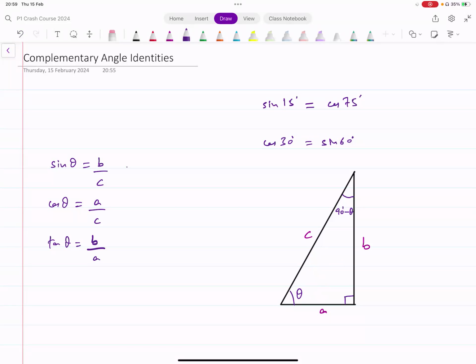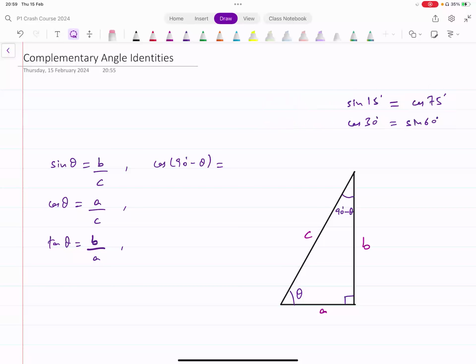If we find the same three ratios for 90 minus theta now, what is cos of 90 minus theta? So cos of the angle on top right, adjacent side is B, hypotenuse is C. Cos of 90 minus theta is B over C. What about sine of 90 minus theta?